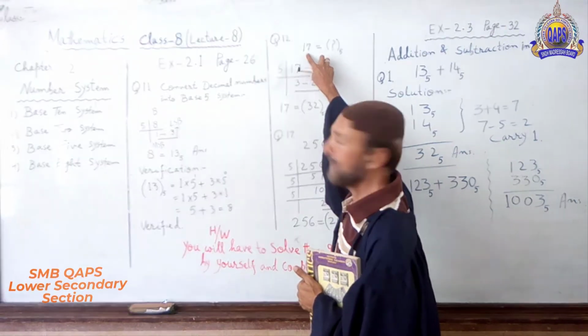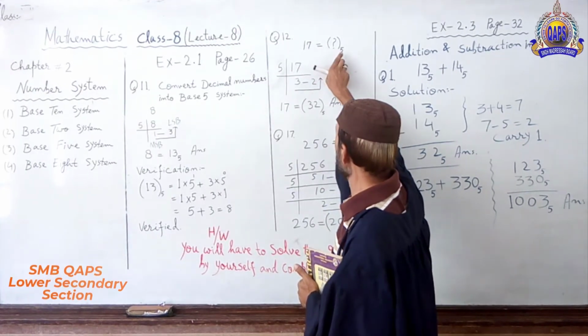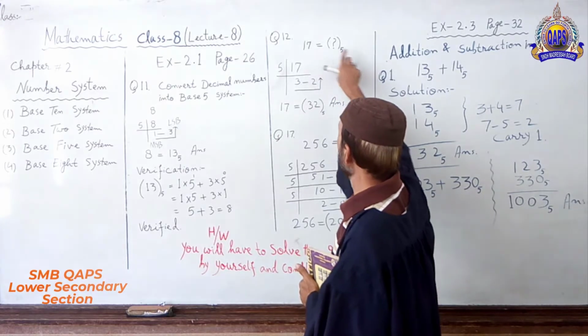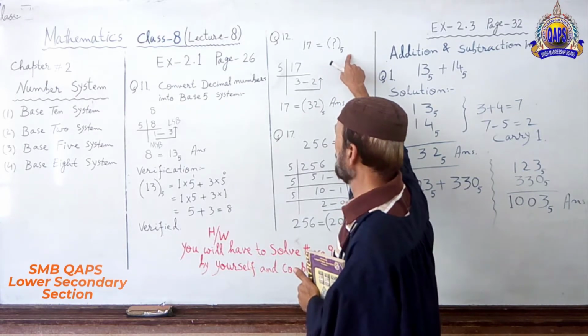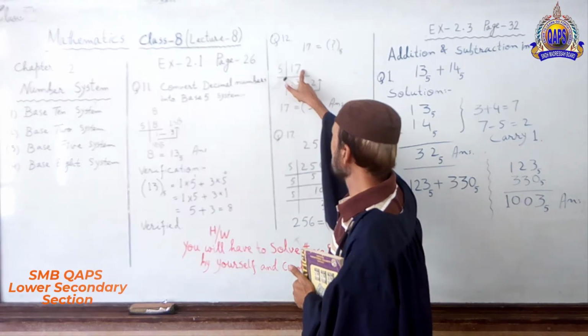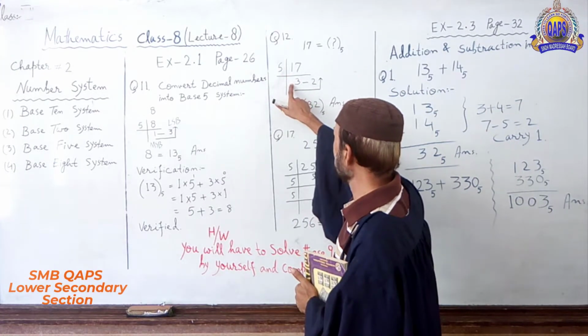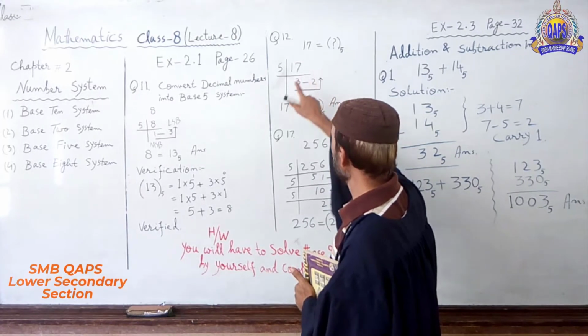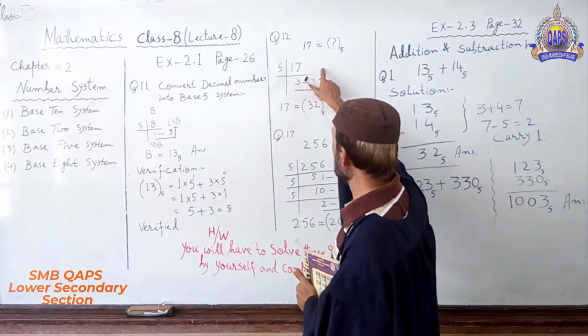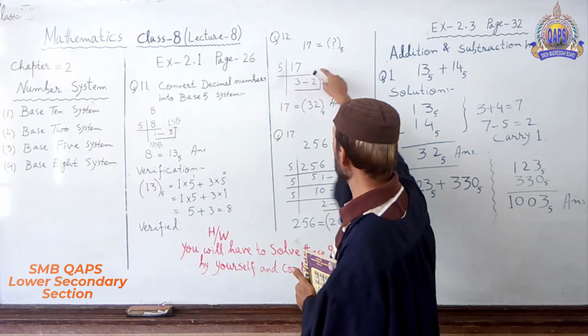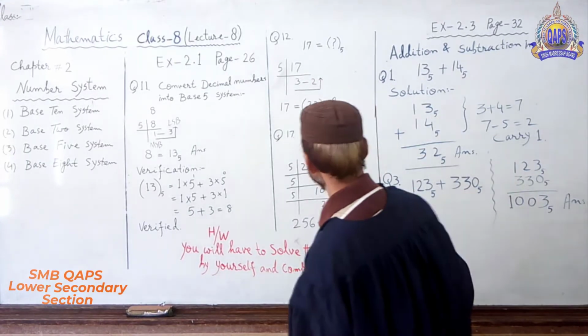Decimal number 17, what will be its equivalent in base 5? So 17 will be divided by 5. 5 3 15, 2 left, MSB, LSB, answer 3 2 base 5.